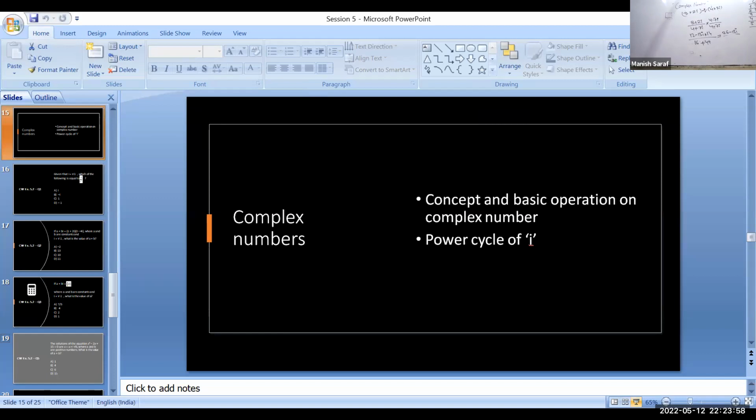Question 1. Exercise 5.2, question number 1.